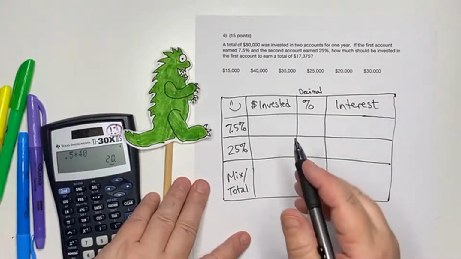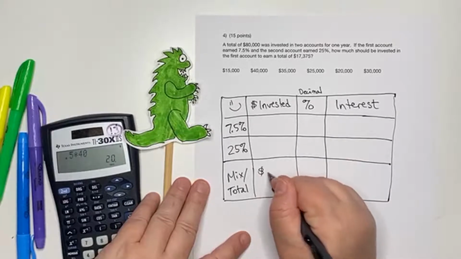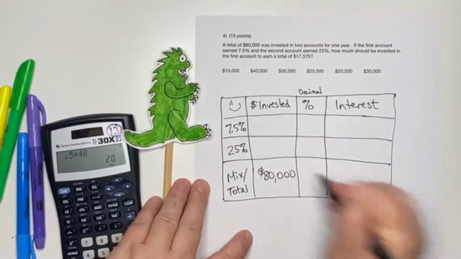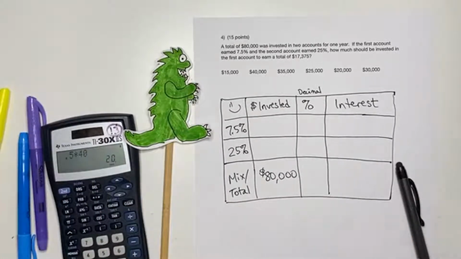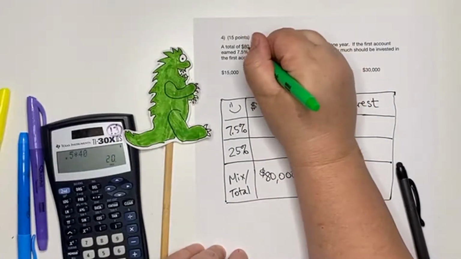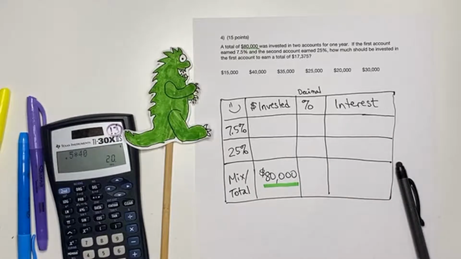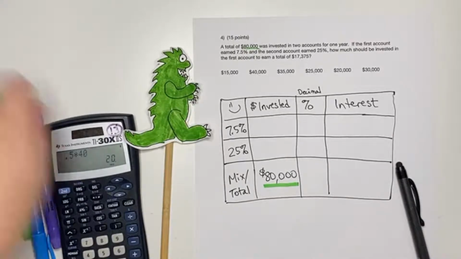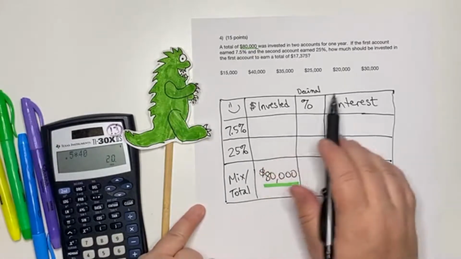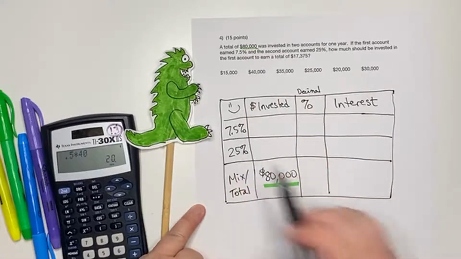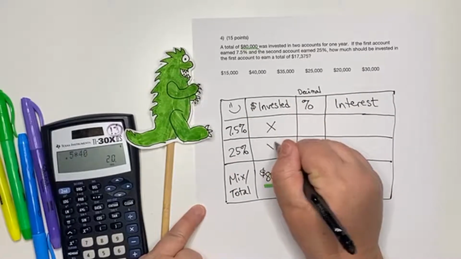So we know that the total is 80,000, right? And I'll use green for that one because money. So there's 80,000 is the total. That goes here. And then next up, we've got to figure out, does it tell us anything about the other two? And it doesn't. So again, I'm going to use X and Y.